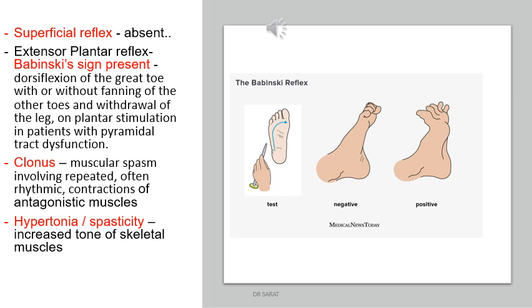Then extensor plantar reflex. It's one type of superficial reflex, but a sign called the Babinski sign is present in upper motor neuron lesion.